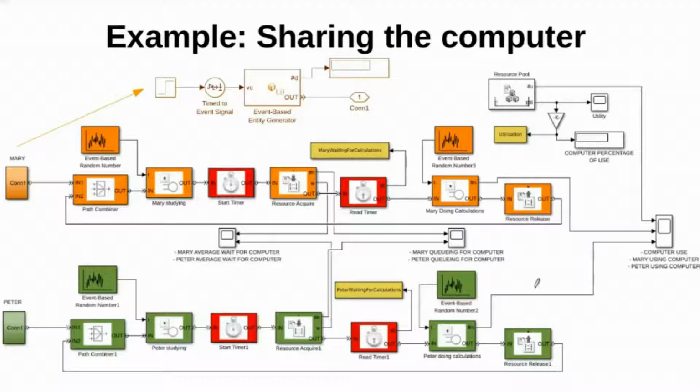Well, first of all, here we have Mary, okay? That's Mary's behavior in orange in here. And here at the bottom of the figure, we have Peter, okay? In dark green. That's the difference. But as you can see, it's like a copy and paste.